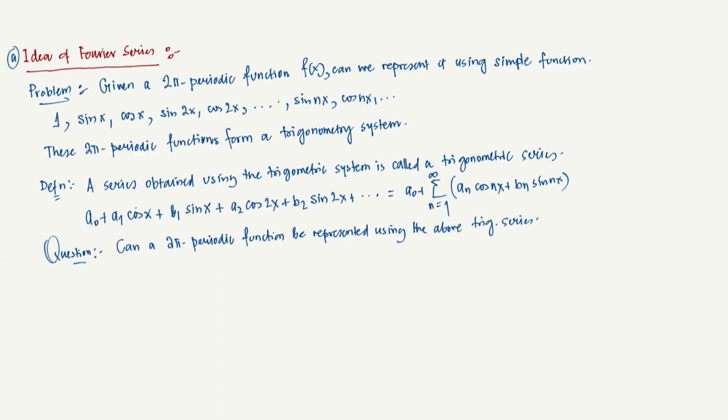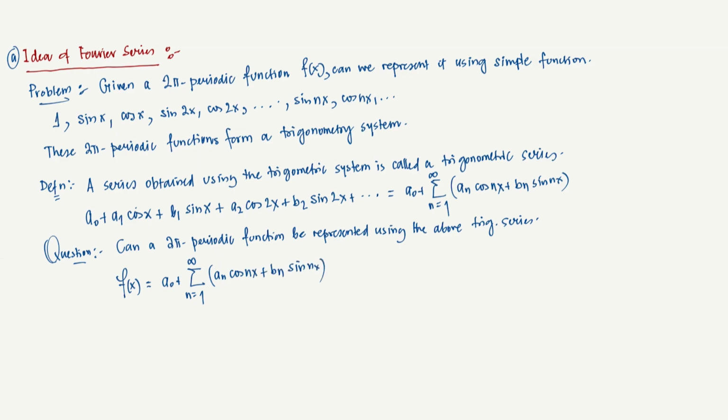Essentially, this is an infinite series, so there is a question of convergence. So let's say a series like this converges, let me put it this way: sum from n equals 1 to infinity of an cosine nx plus bn sin nx.